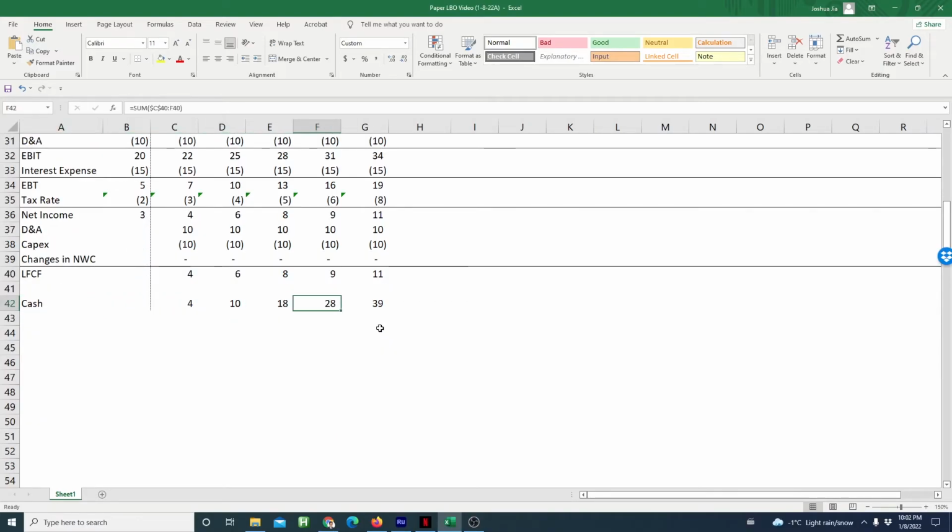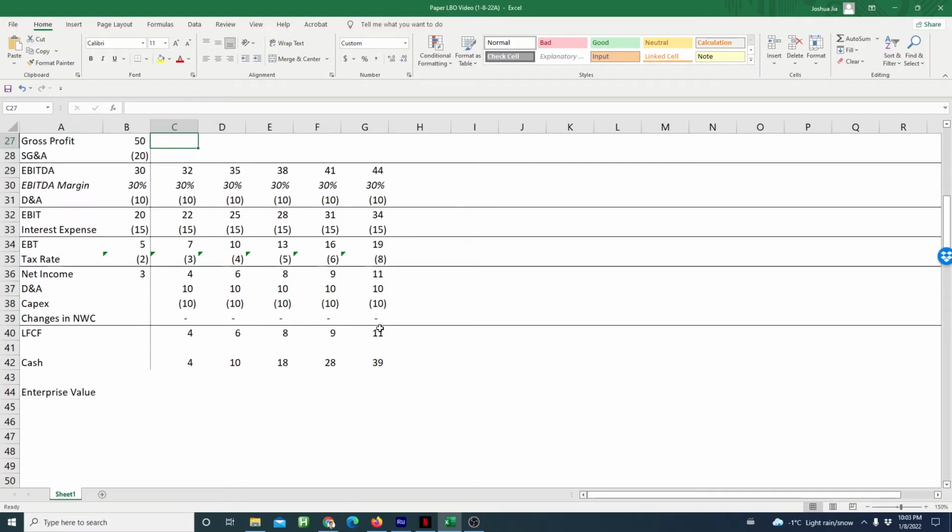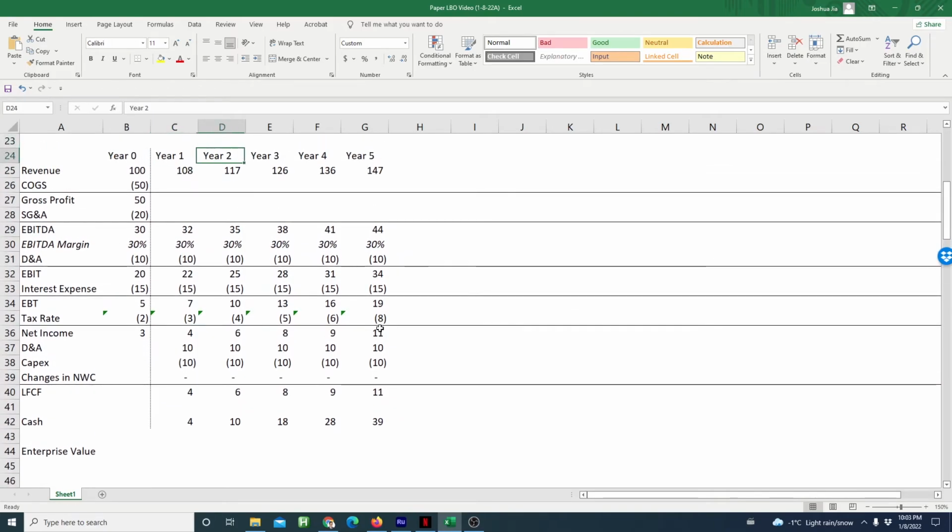After we figure out how much cash we have at the end, now we just need to figure out the enterprise value that we're going to be selling the company for. And we're selling it at 10 times EBITDA. So fortunately, we have EBITDA in year 5 right here.